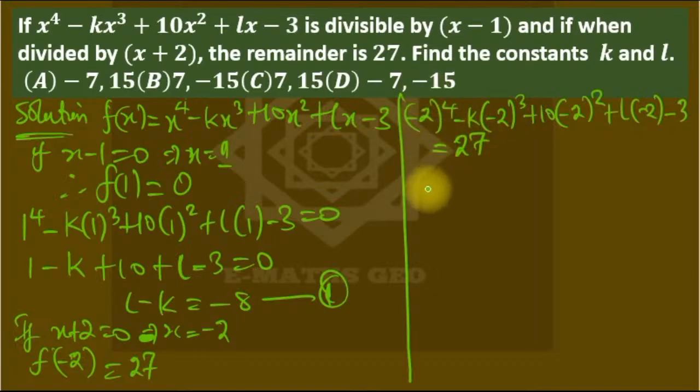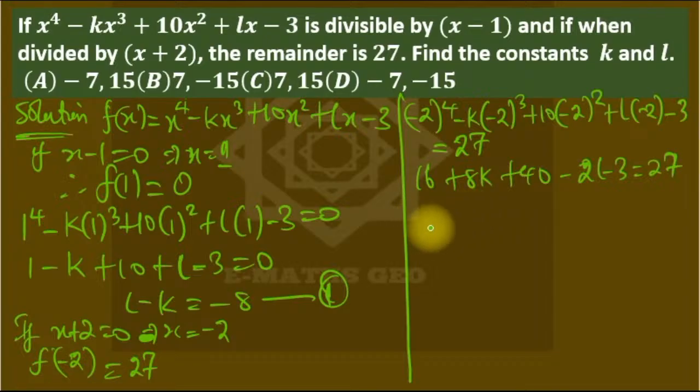So I have 16, plus 8k, plus 40, minus 2l, minus 3 equal to 27.